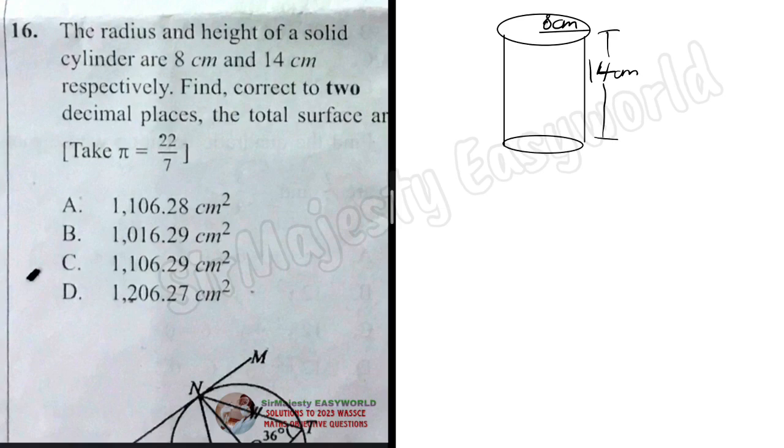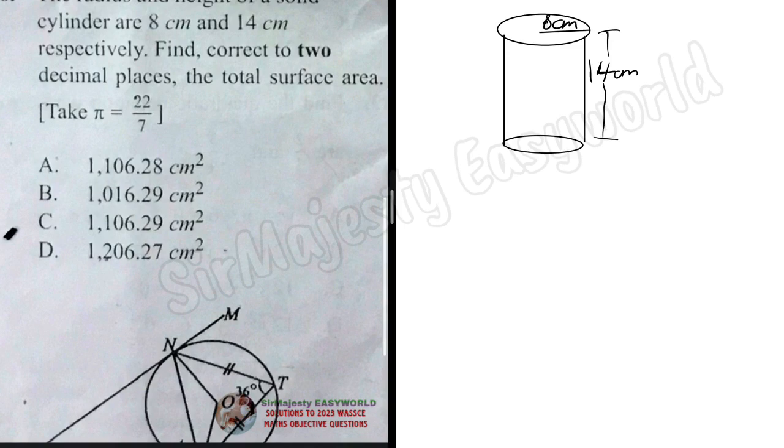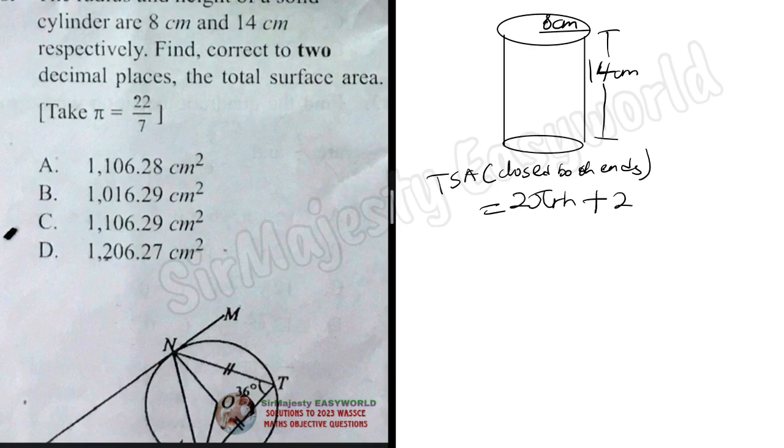So first to find the total surface area. Since it's a solid cylinder, we know that the cylinder is closed at both ends, and the formula for total surface area for a cylinder closed at both ends is 2 pi r h plus 2 pi r square.